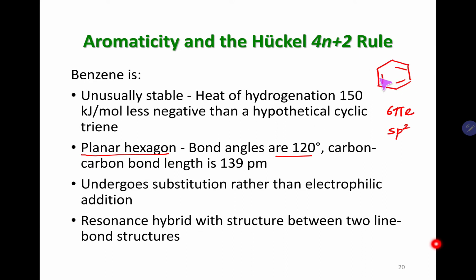You can't pinpoint and say these 2 carbons have a double bond and the others have single bonds. Instead, at any given point of time, the 6 pi electrons are equally distributed among the 6 carbons.